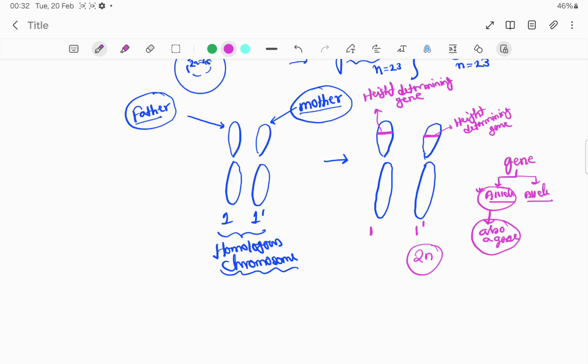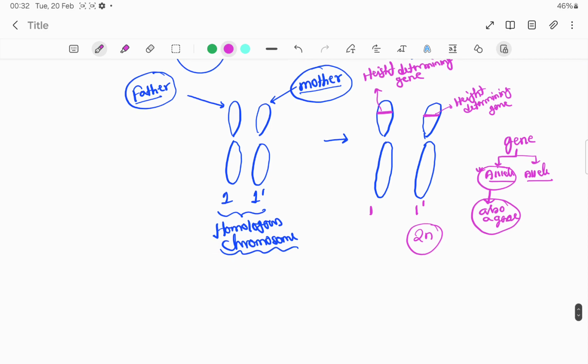Now, suppose for the height determining gene, there are two alternate forms. Suppose one is tall, another is dwarf. Now try to understand another thing. Suppose this is a particular area, suppose this is entire India. There are lots of human beings, so the population is very high in India.